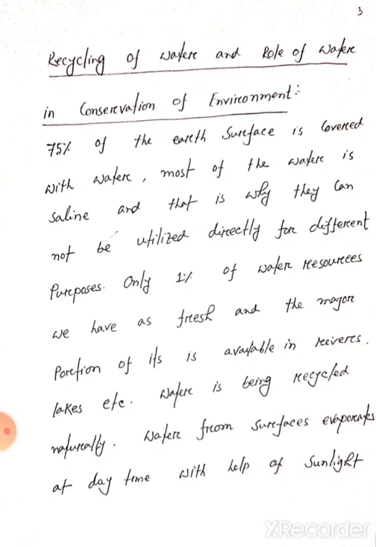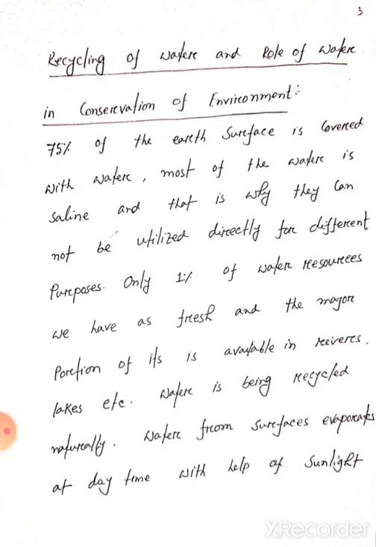Recycling of water and role of water in conservation of environment. So we know 75% of the earth's surface is covered with water. Most of the water is saline, and that is why it cannot be utilized directly for different purposes.